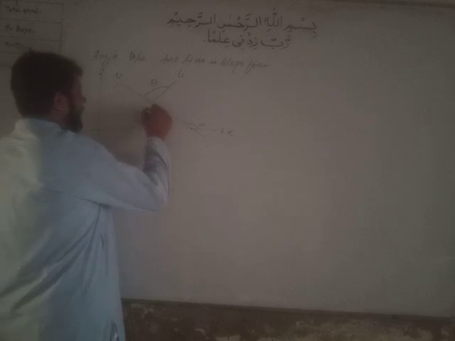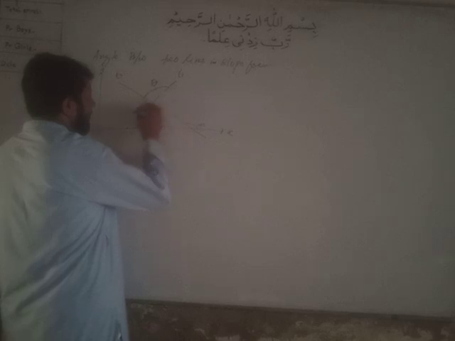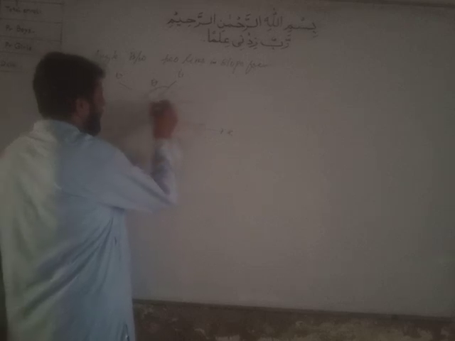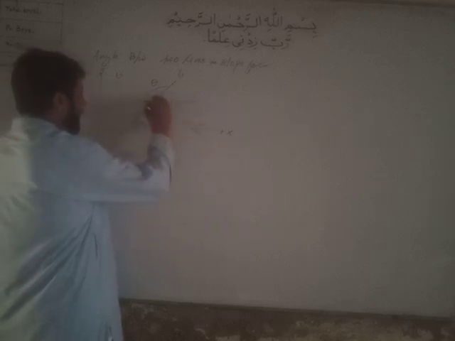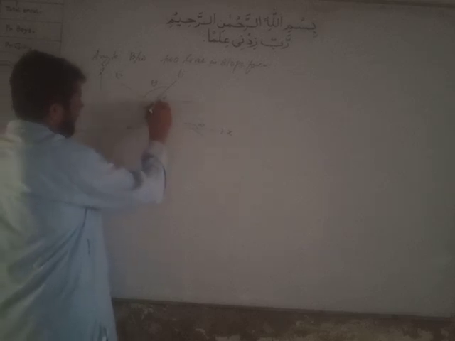Or we can draw a line parallel to the x-axis here, so this is alpha 1 and these angles are alpha 2.